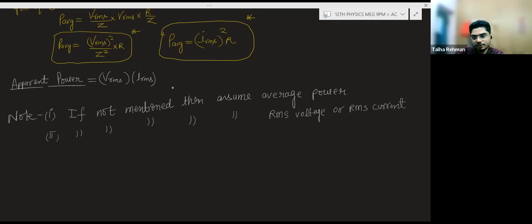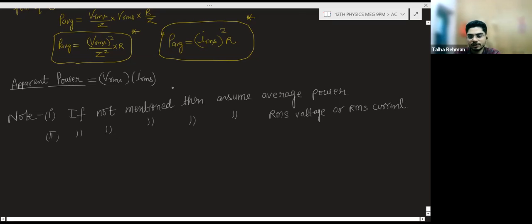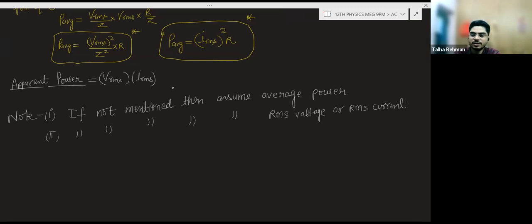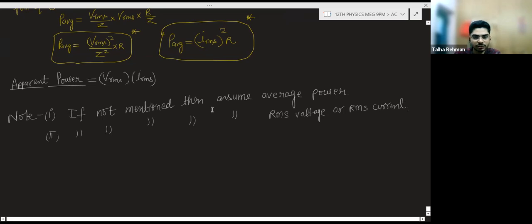So if in an AC circuit the voltage is given as 5, that 5 will be the RMS voltage. If in an AC circuit the current is 3 ampere, that will be root mean square current, not average current, and not instantaneous. So you can note down these 2 points also. Then we will start.